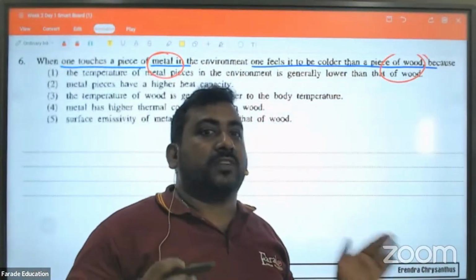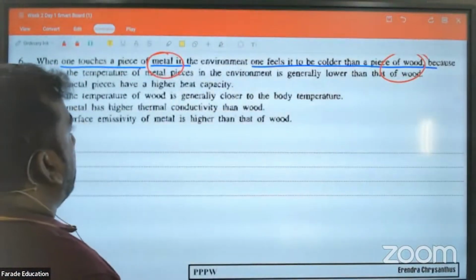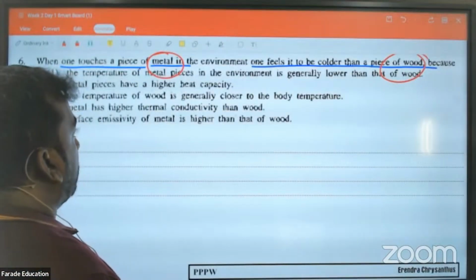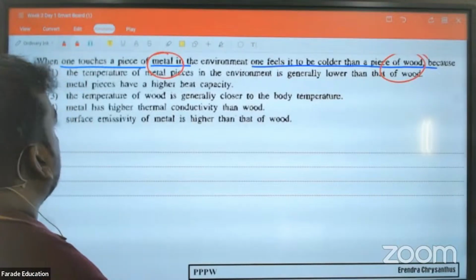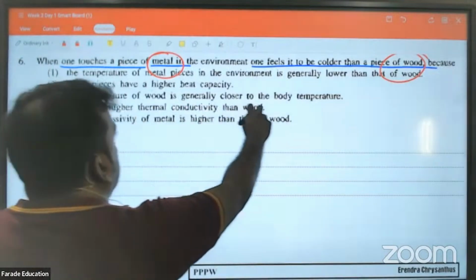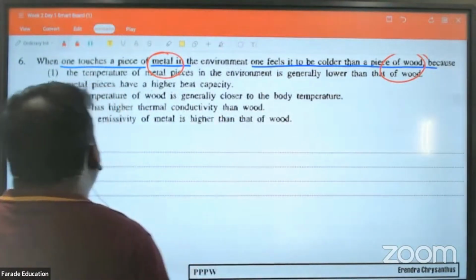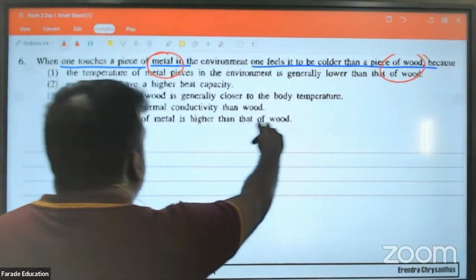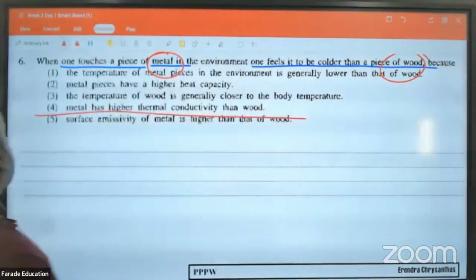Obviously there is something to do with conduction. Let's see the options: the temperature of the metal is generally lower than wood; the metal piece has higher heat capacity; the temperature of the wood is close to body temperature; metal has higher thermal conductivity than wood; surface emissivity of the metal is higher than wood. So most probably this is the suitable answer.